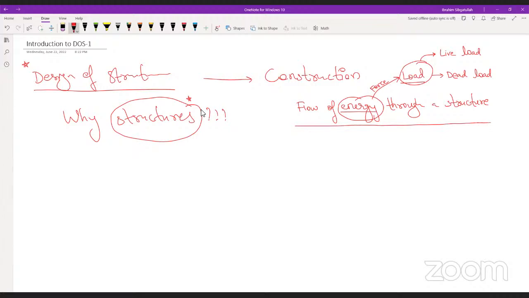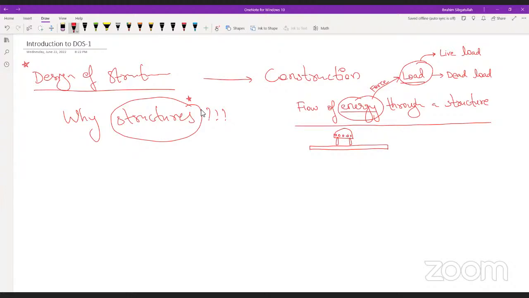So how does the energy flow? This is a slab. Suppose you are landing a helicopter. This looks more like an alien ship, so let me do that.